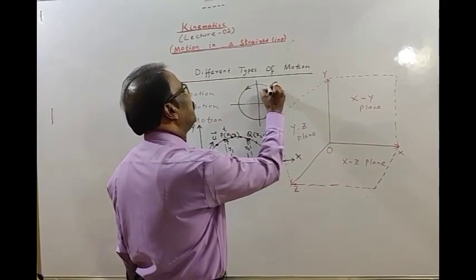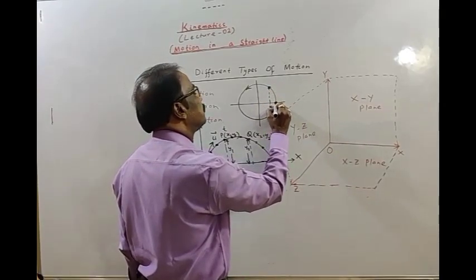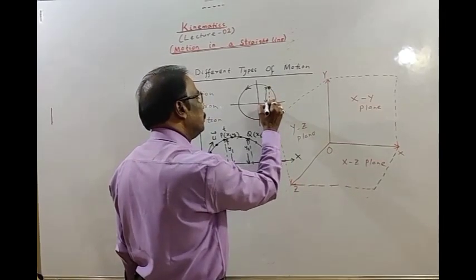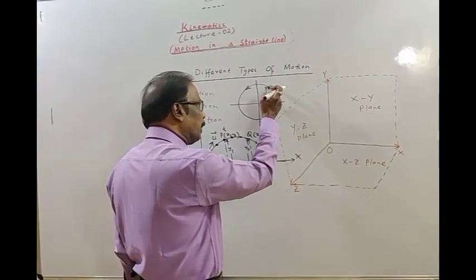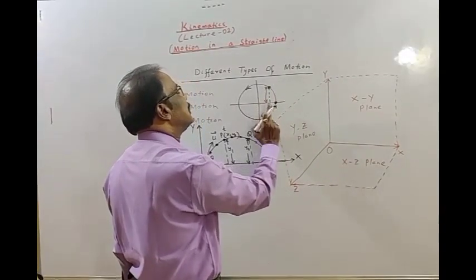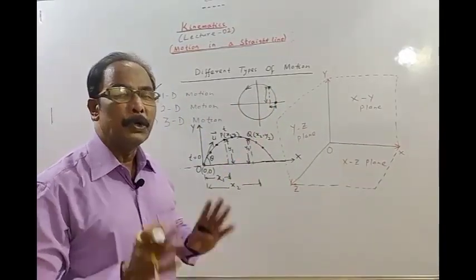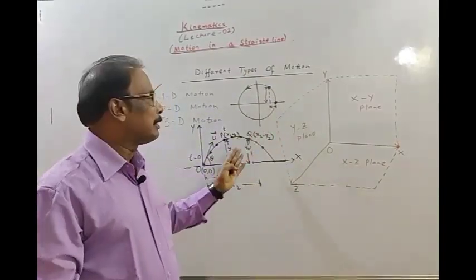When the body reaches this point, this is the distance traveled along the x-axis and this is the distance traveled along the y-axis. So as the body moves on, the value of x changes and the value of y also changes. So this is also two-dimensional motion, or motion on a plane. We'll discuss all this in brief.